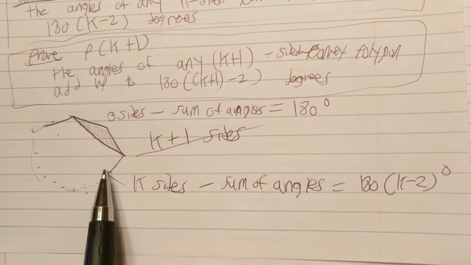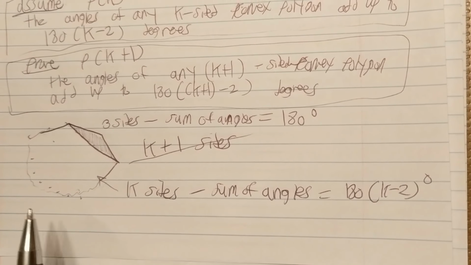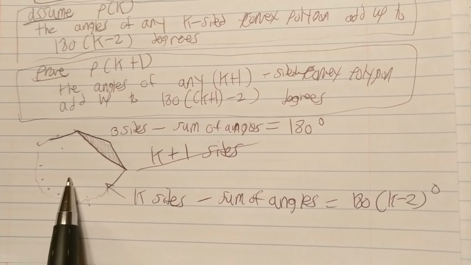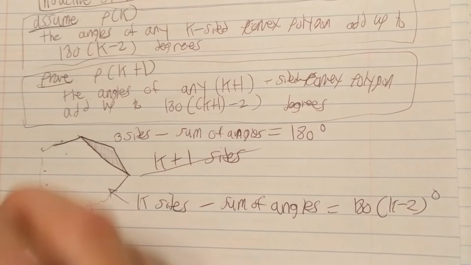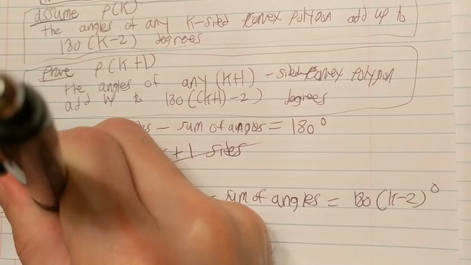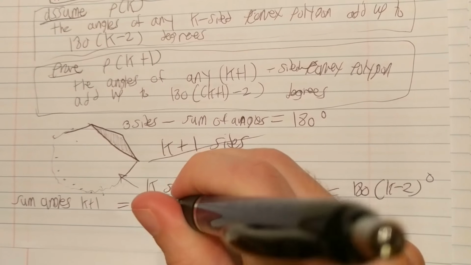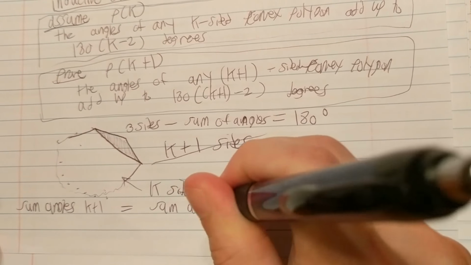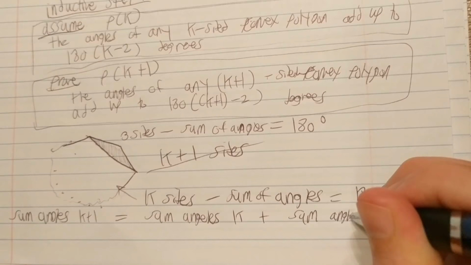So what is the sum of the angles in our k plus 1 sided polygon? Well, it's the sum of the angles in our k-sided polygon plus the sum of the angles in our 3-sided polygon. So sum of angles k plus 1 equals sum of angles k plus sum of angles 3.